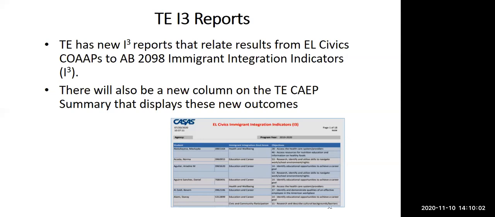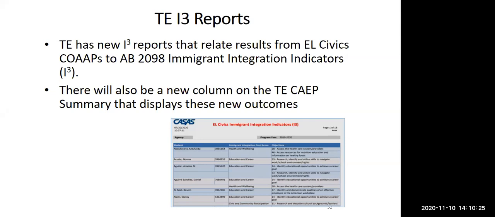So the committee that looked at this agreed that we're already doing a lot of this work in EL Civics. It just has slightly different terminology. So what we did is we worked together to relate those EL Civics COAPs to the 8 different areas of immigrant integration. We programmed that into a few different TE reports.